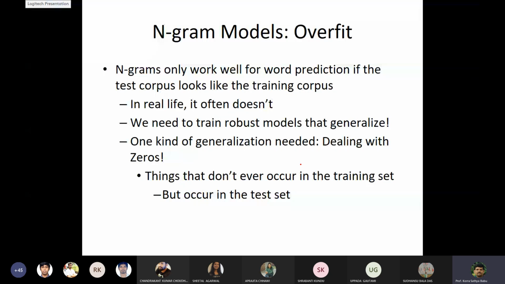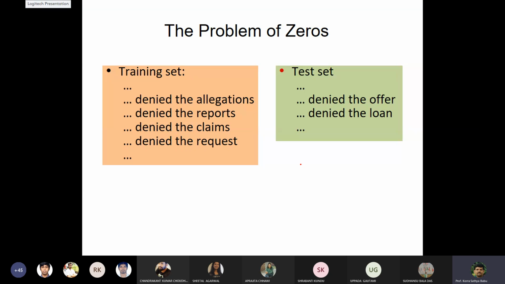As I said, those particular sequences of words do not occur in the training set, but they ultimately occur in the testing set. For example, the training set has: denied the allegations, denied the report, denied the claims, denied the request. In the test set, we see denied the offer, denied the loan, which are not available in the training data set, right?